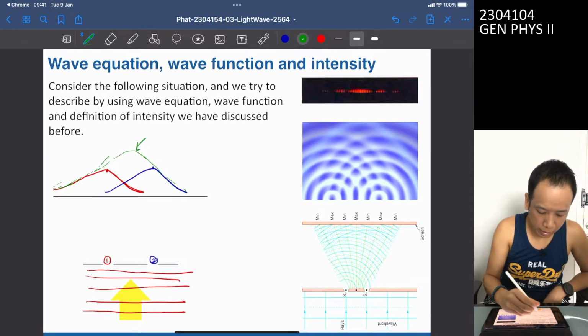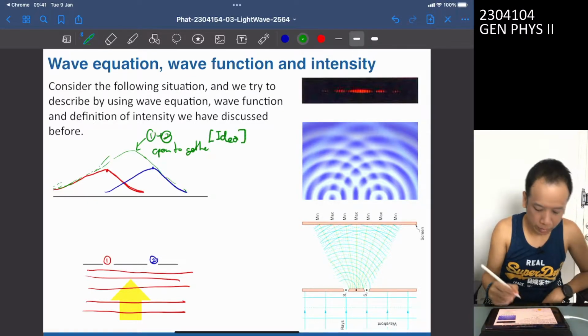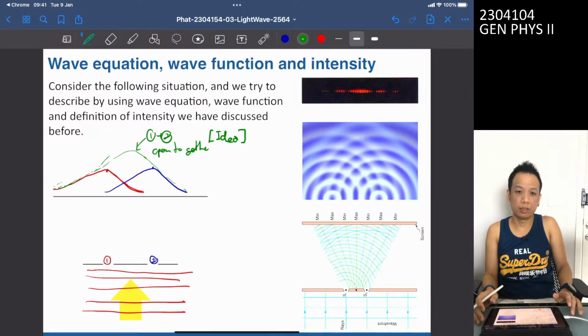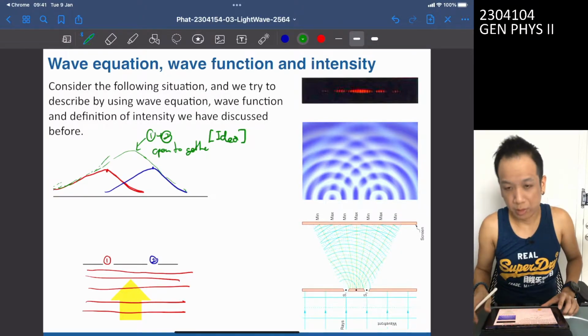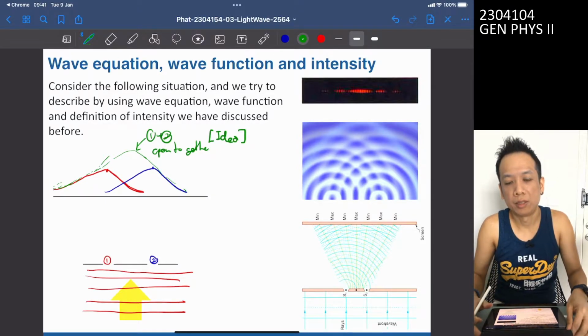This is just 1 and 2 open together. So this is your idea. If nothing changed, with no wrong conception, this is what you should expect, right?